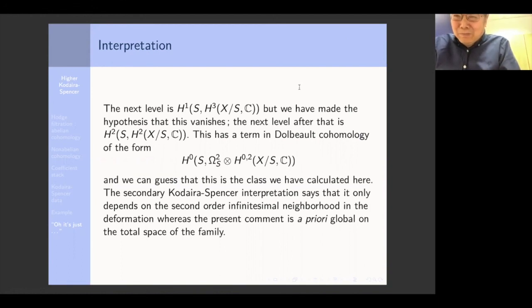To see something about the base, with large pi 1 or hyperbolicity, although the usual variation of Hodge structure is trivial.